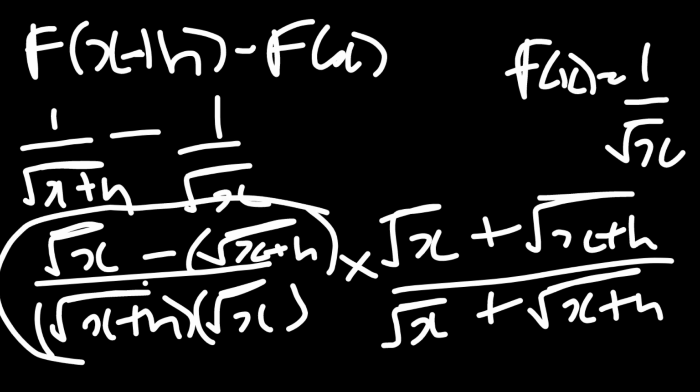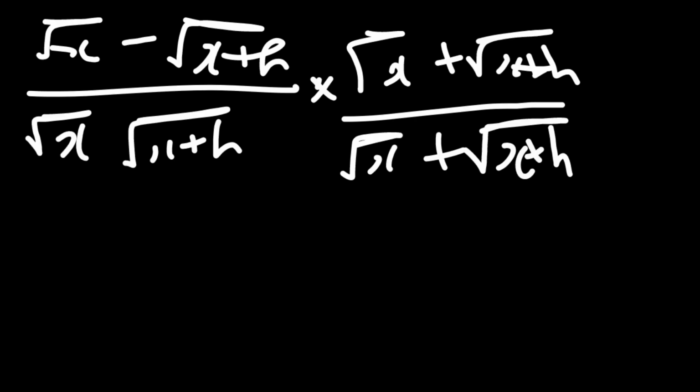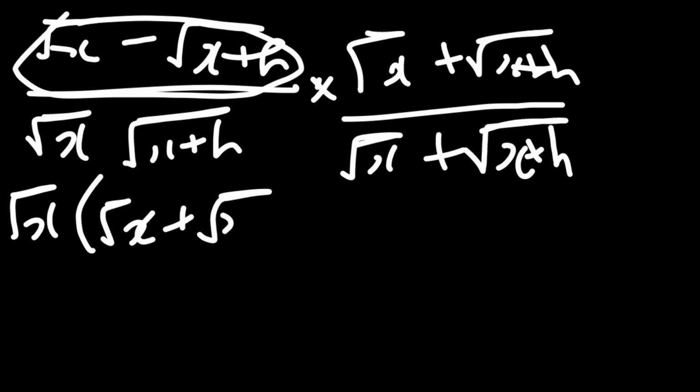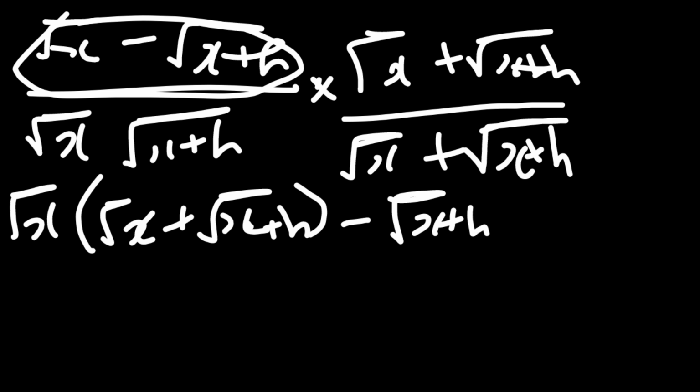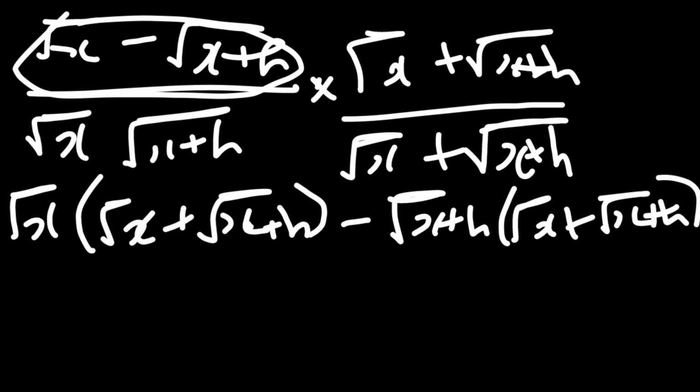So this is it. And for the denominator, we multiply by the square root of x plus square root of x plus h. You're going to be having this. So let's work with the numerator. We come back to the denominator later.